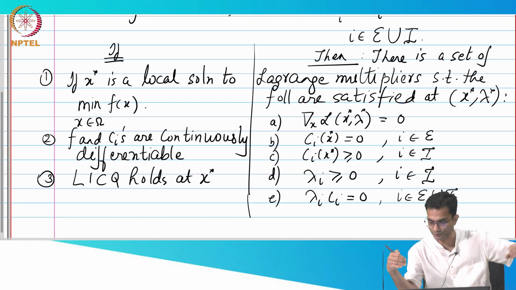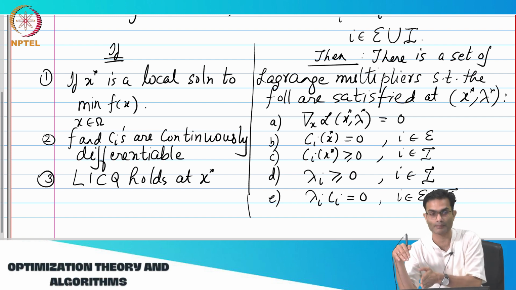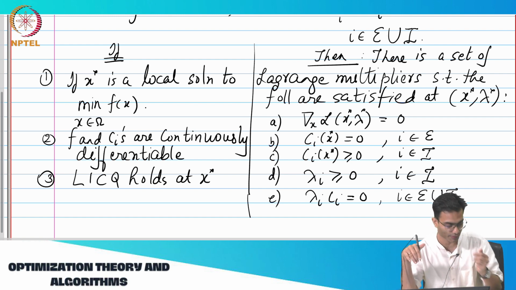Okay. There is one final piece to this which talks about the uniqueness of lambda star. Remember, lambda star also has to have an optimum choice, right?